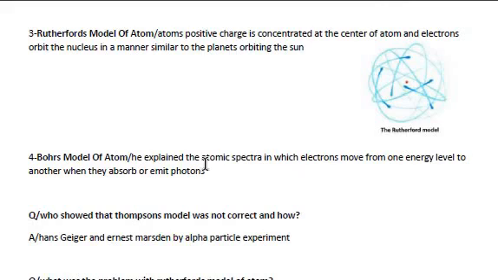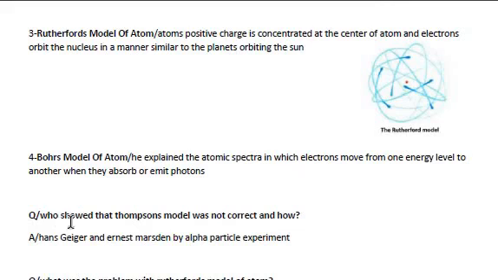Bohr explained atomic spectra, in which electrons move from one energy level to another when they absorb or emit a photon. So Rutherford had some problems when he described the atomic model, but Bohr answered the questions that were problems in Rutherford's model. Now let's start from Thomson's model.